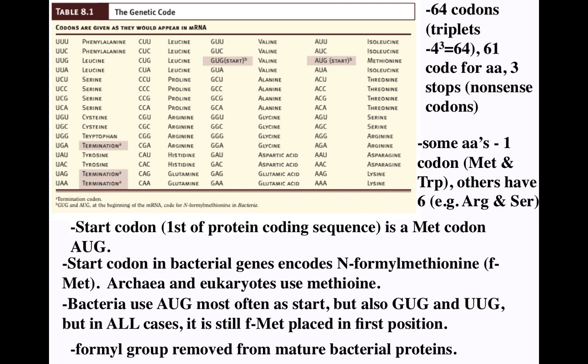And I was thinking to myself, I always present to students that bacteria use N-formylmethionine at the beginning of their proteins, but I never tell people why it's important. And then I realized I don't know why it's important that bacteria use these.